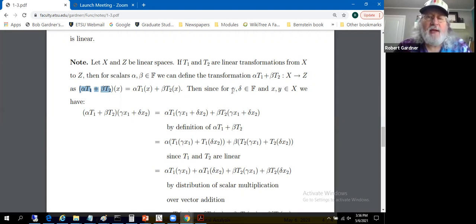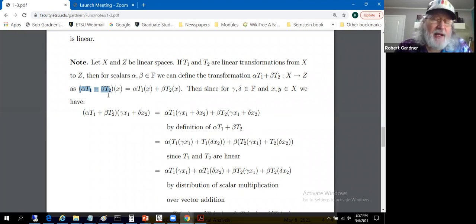So take gamma and delta as scalars, x and y, vectors in linear space capital X. We want to show this highlighted thing is linear. So what we want to show is this highlighted thing applied to a linear combination equals gamma of the highlighted thing applied to x1 plus delta of the highlighted thing applied to x2.